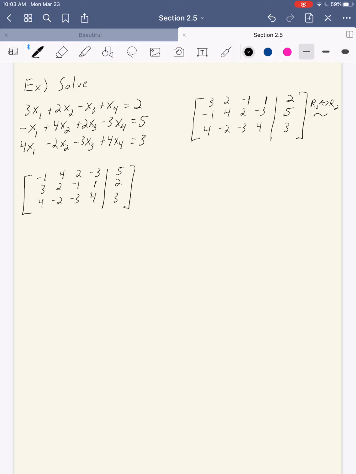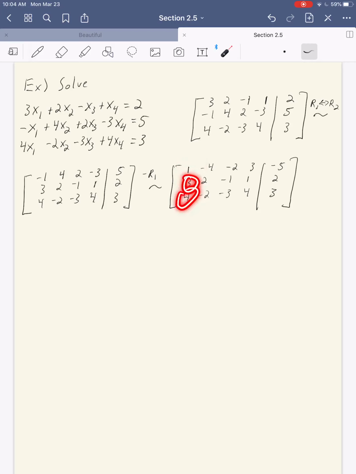Okay, we should fix that first row, so we'll do negative row 1, and we should get 1, negative 4, negative 2, 3, negative 5, 3, 2, negative 1, 1, 2, 4, negative 2, negative 3, 4, 3. Okay, so we're all good there. Now we can start using this pivot position here to clear out the things below.